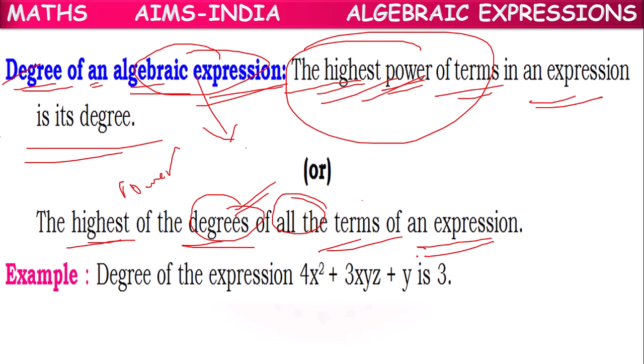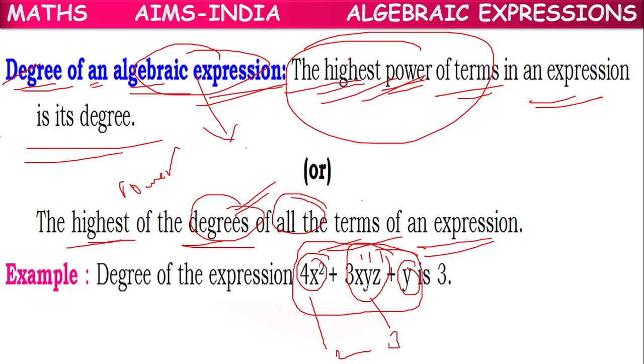Suppose we have this expression. Here the power is 2. Here the power is x power 1, y power 1, z power 1. The degree of this term is 2. The degree of this term is 3. Here only y. The degree of this term is 1. The highest degree out of 2, 3, 1 is 3.